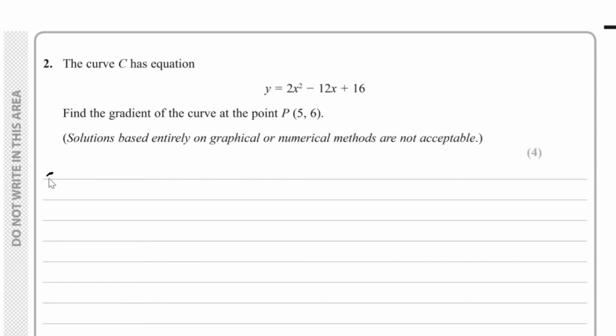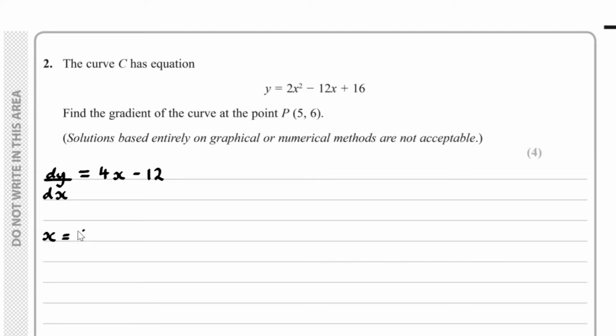We need to find out dy over dx. And if I differentiate 2x squared, I end up with 4x. And differentiate minus 12x, we end up with -12. And differentiating 16, we end up with 0.